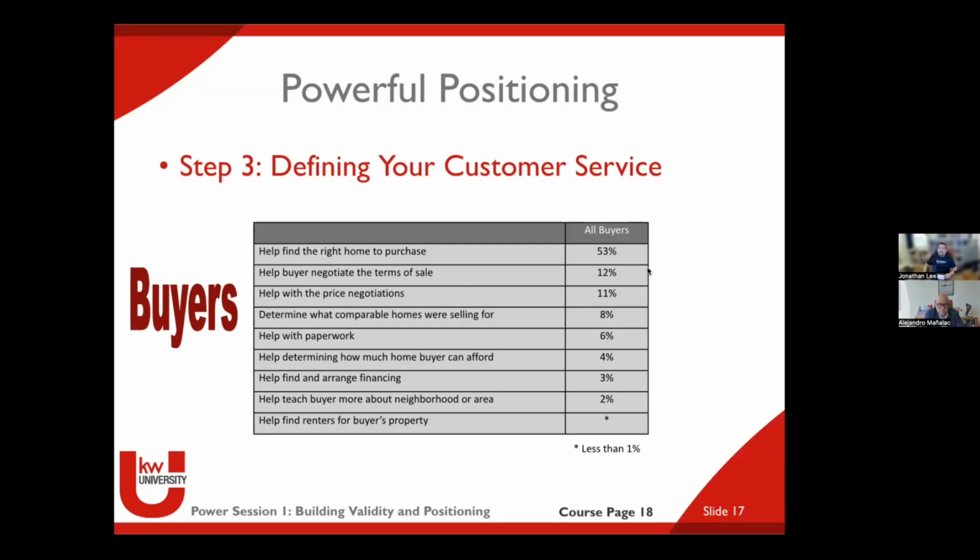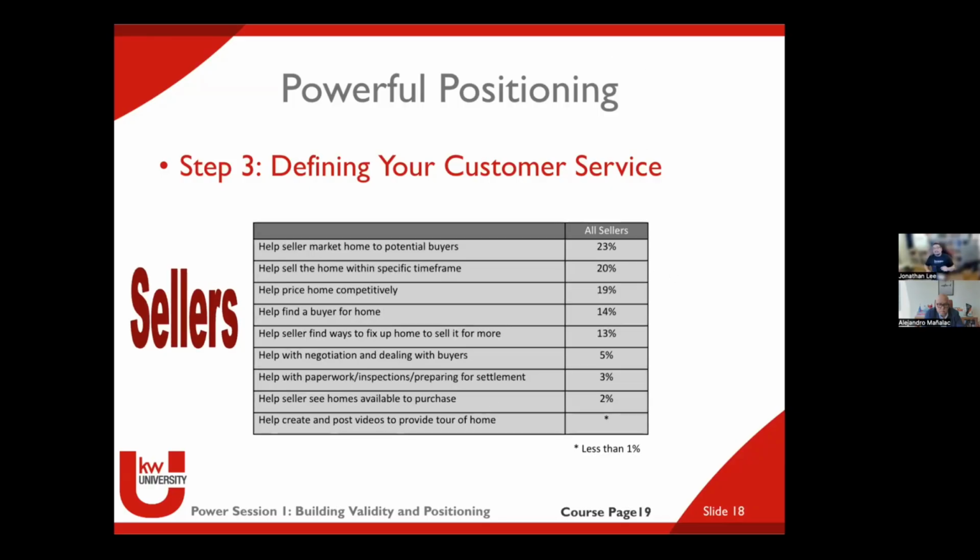Now let's move on. What do sellers want? Number one, 23% of the respondents say the top thing is help sellers market to potential buyers. It means we want people to put our home out there to find potential buyers.